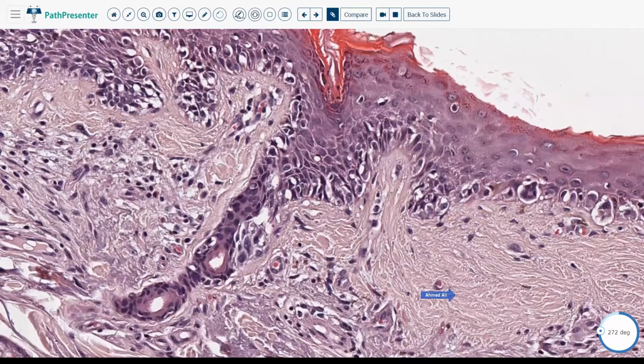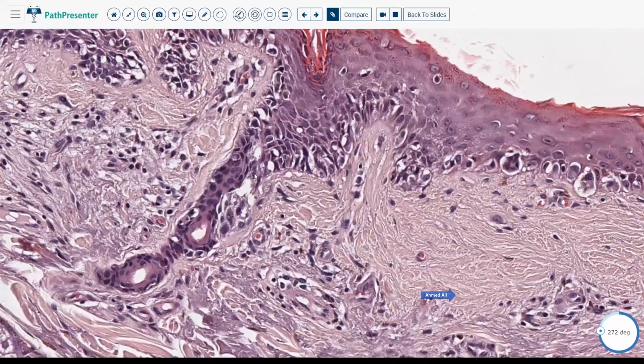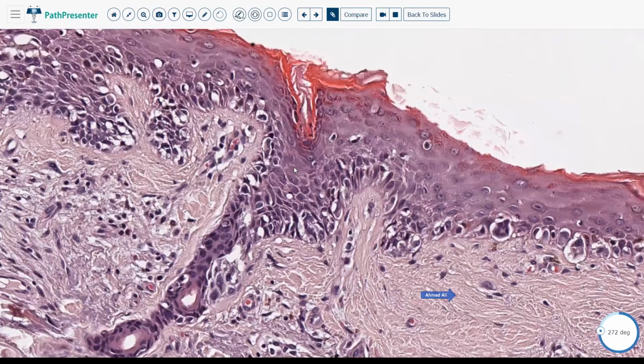And as I showed you, the nest extending across the adnexa here, about 5 or 6 cells, but not a very well formed nest. But the extension across the adnexa is one of the features of this lesion. If you are dealing with a lentiginous nevus, like a junctional melanocytic nevus, it will try to avoid doing that.